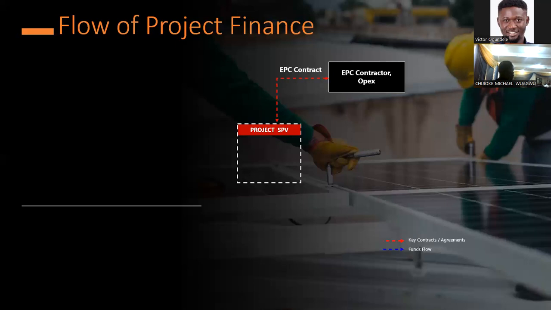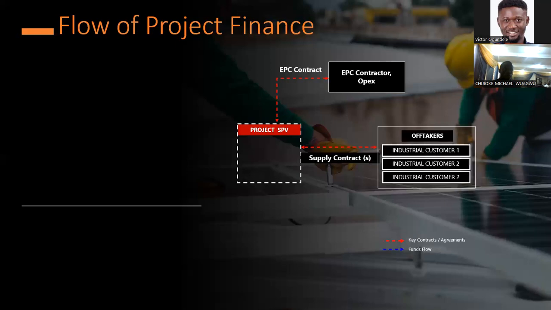Know your operating costs, even during that construction period. Then after you establish these are the costs and everything, you now need to also establish your off-takers. By the time we complete this project, we already have a customer ready, in simple terms.